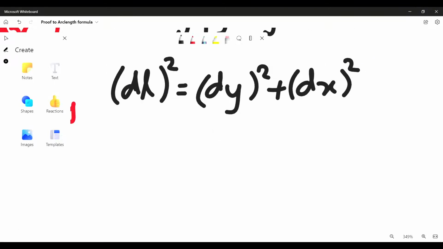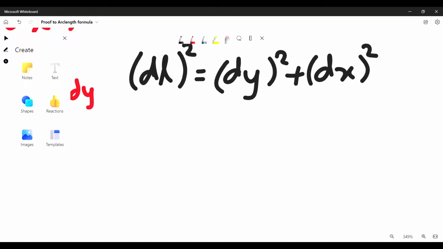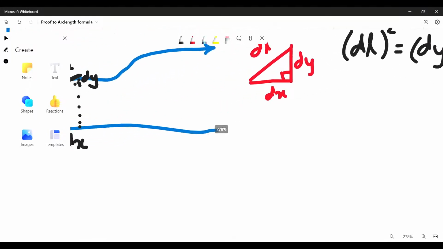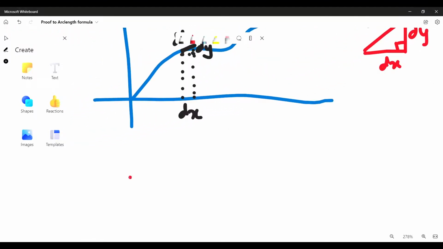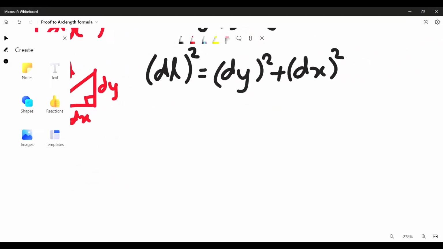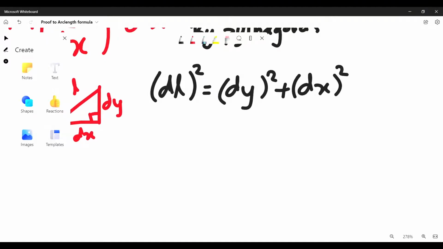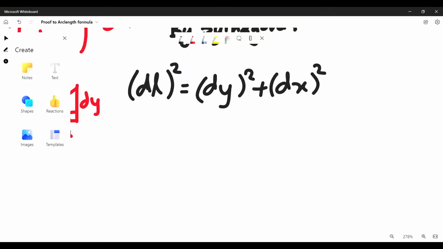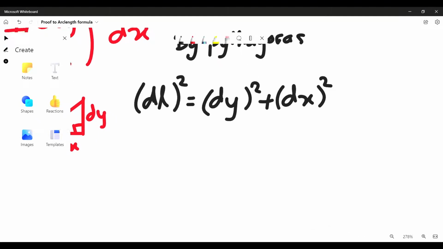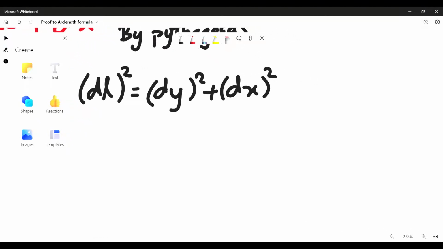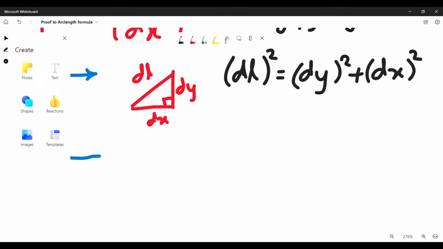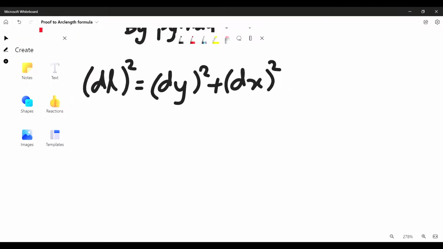What we can do now is just rearrange. Because we know L is equal to the integral of dl, that's what we need. So we need to find dl in terms of dx and dy over dx. If we look at this triangle, we're assuming dl is linear for a very small dx.